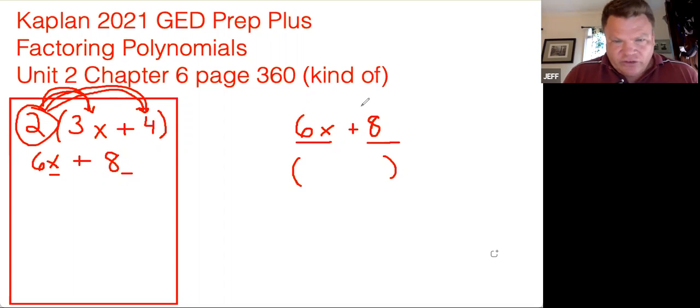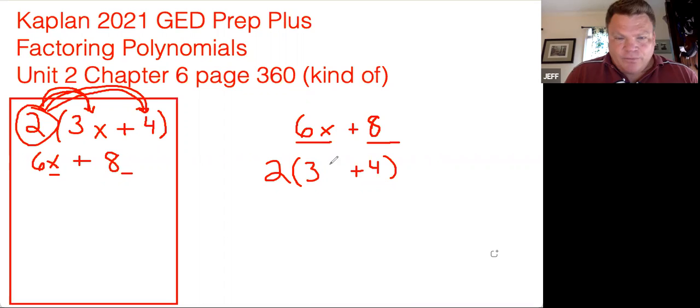So 6 and 8, they're both even numbers. If we were to factor them out, factor means parts. If we were to pull out parts that they have in common, they both have 2 in common, because 2 times 3 makes a 6, and 2 times 4 makes an 8, and they're both positive.